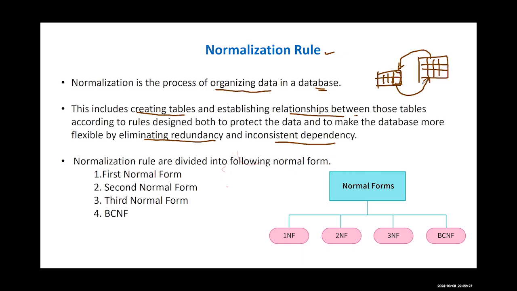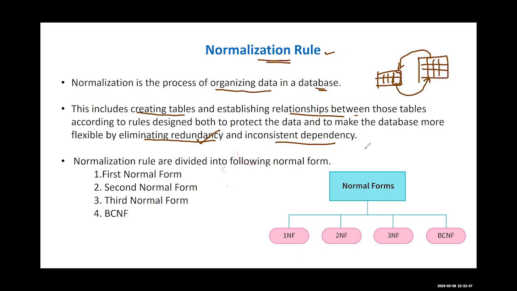That is how two tables will be related. So when there are many tables, how do we make sure that there is no redundancy and that the data is consistent? That is what the normalization rules take care of, and that is the reason we require them.